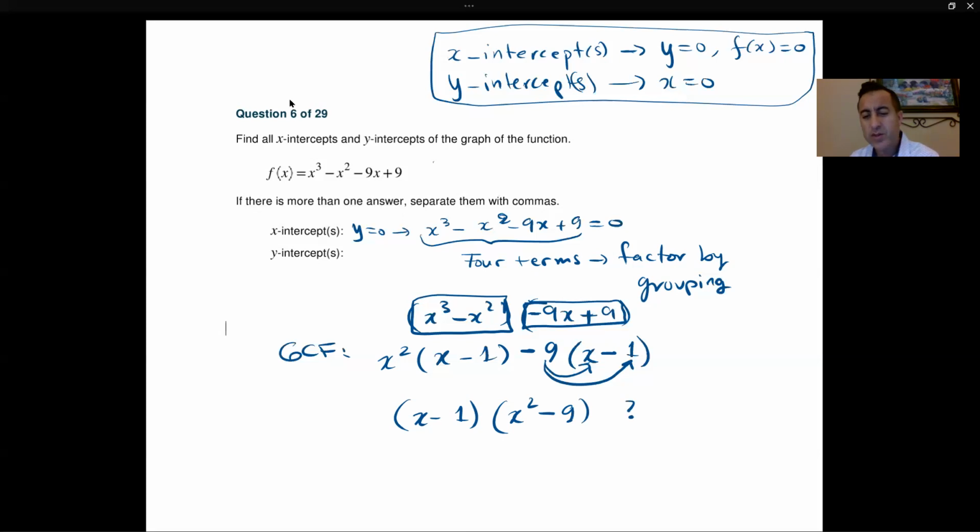The question always is, did I factor completely? For this type of question, if we solve, we can find out that we didn't factor completely. To get used to the idea that we always try to factor completely, this is a difference of squares. So a squared minus b squared is a plus b, a minus b.